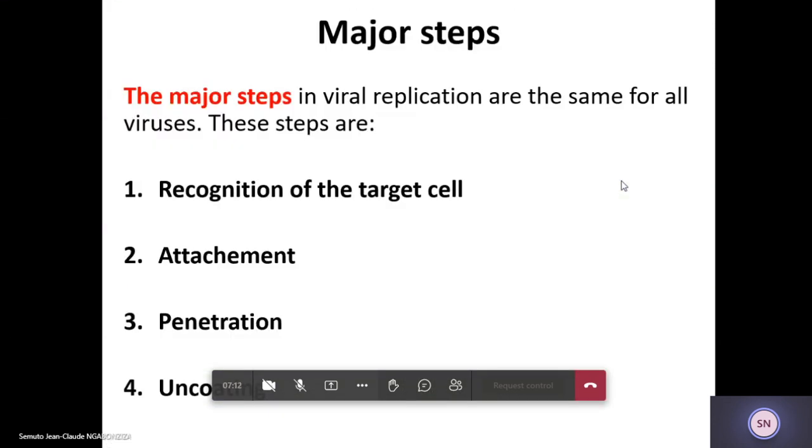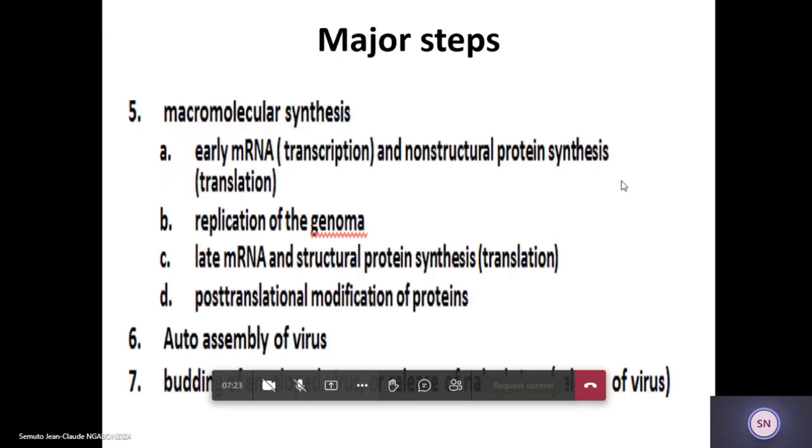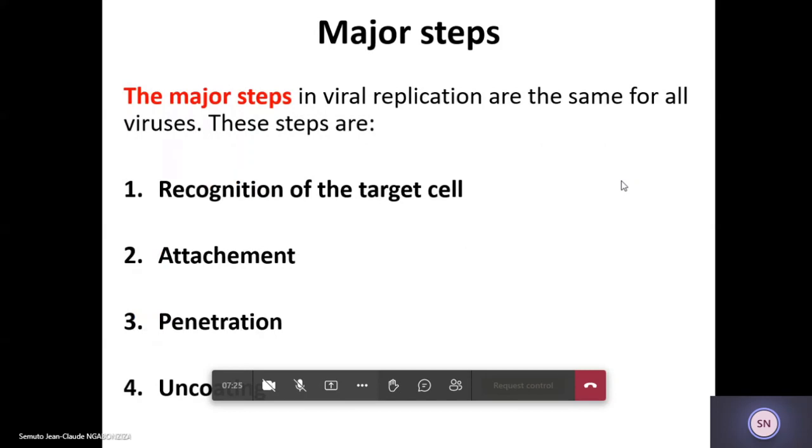So as major steps for replication, there are six actually, seven if you consider release. One is recognition of the target cell.